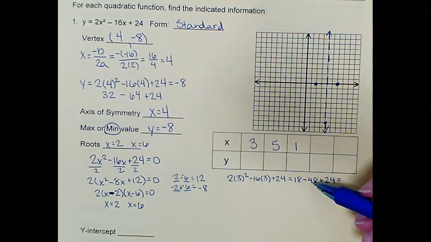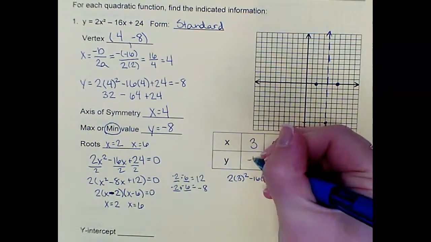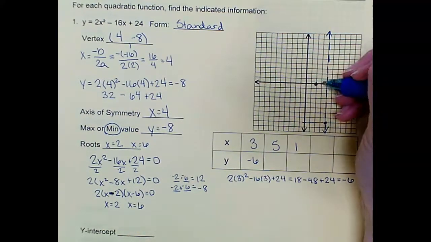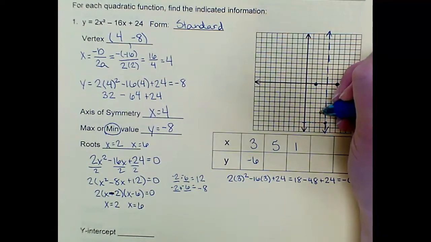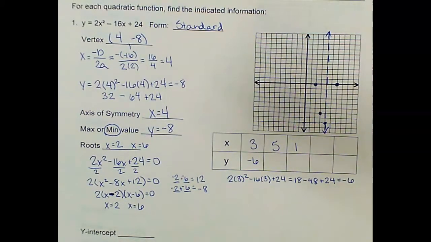Well, 18 minus 48, that's negative 30, plus 24, that's negative 6. 1, 2, 3, 4, 5, 6. That looks good too.